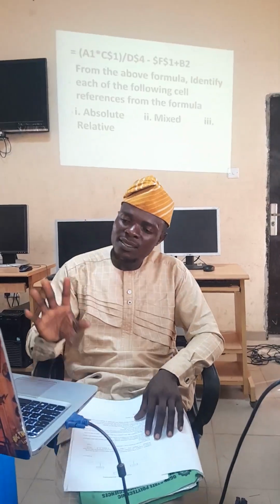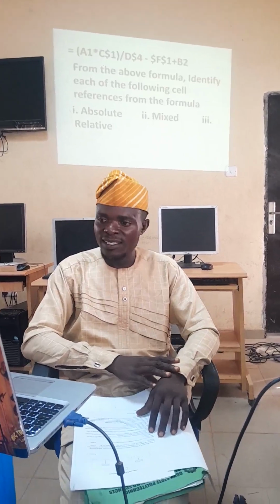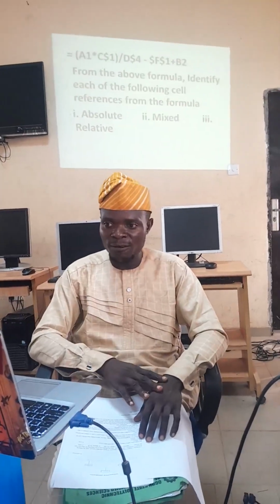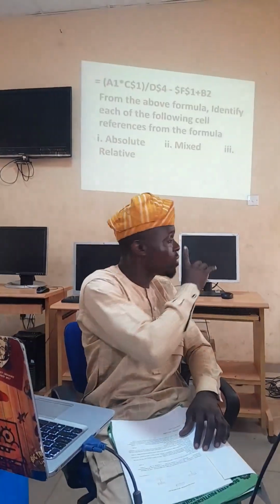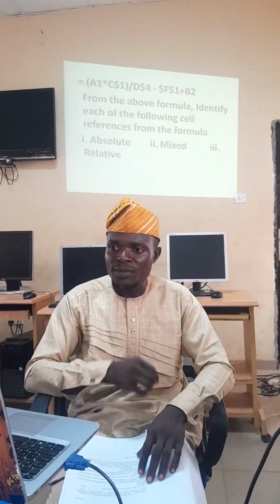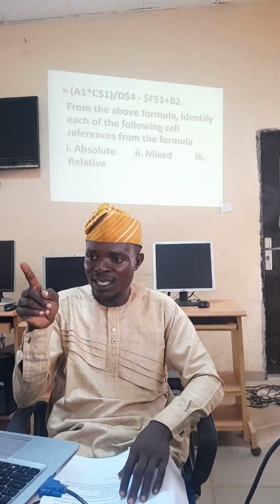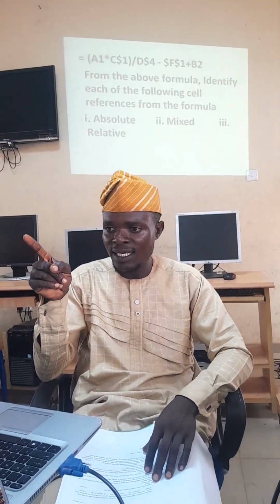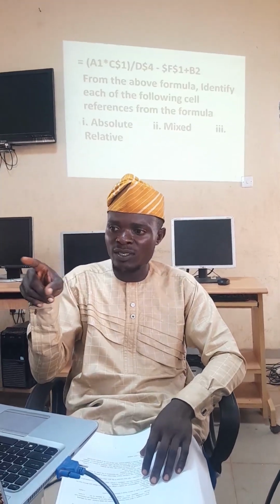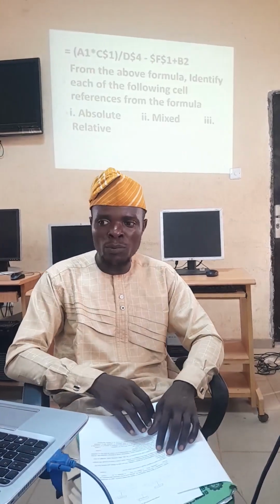Okay, this is a formula in spreadsheet, Microsoft Excel. The formula is A1 asterisk C$1 divided by $D$4 minus $F$1 plus B2, as seen above.